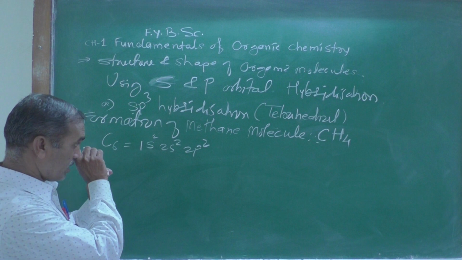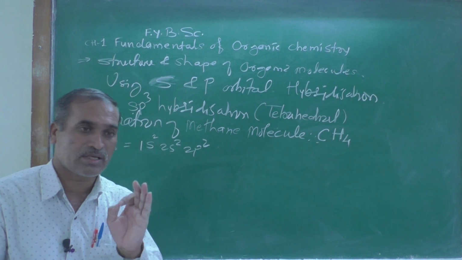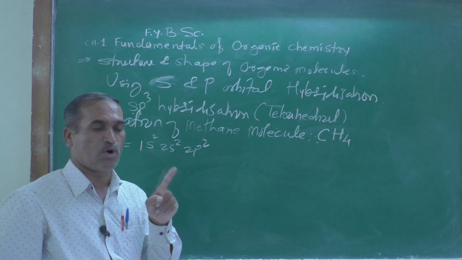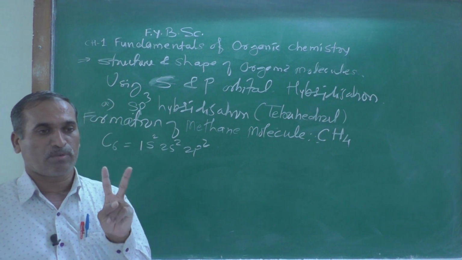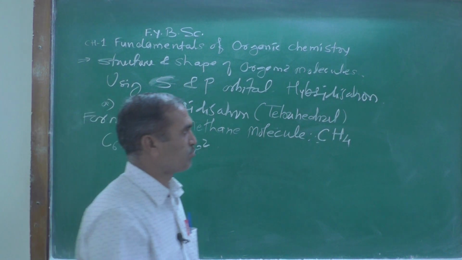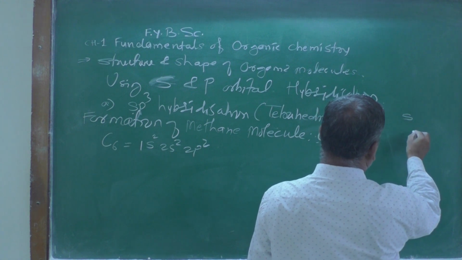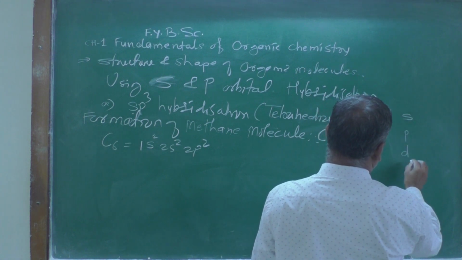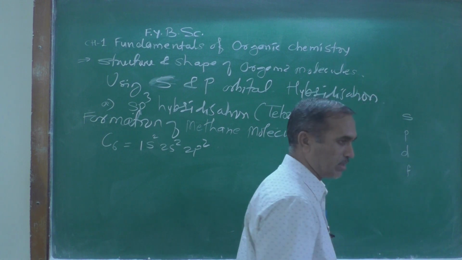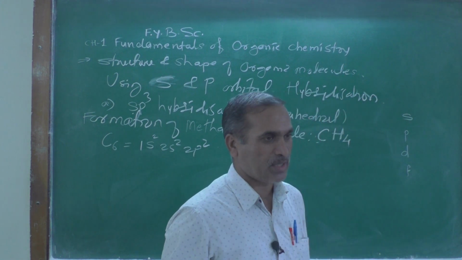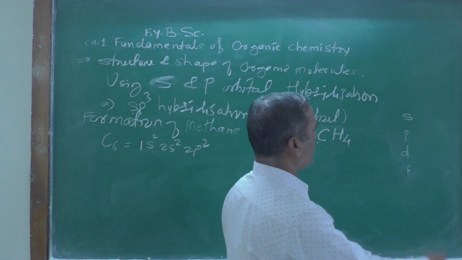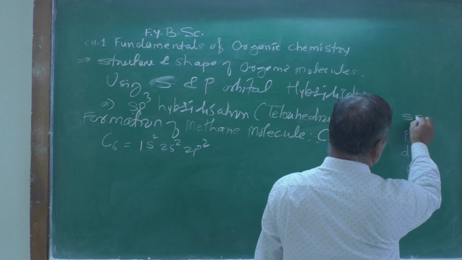Now, the s orbital has the capacity to accommodate only 2 electrons. These are the different atomic orbitals: s orbital, p orbital, d orbital and f orbital. Do you know the capacities of these orbitals?